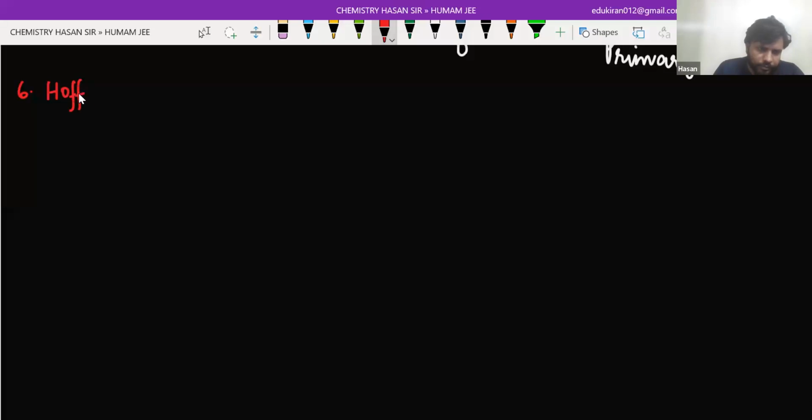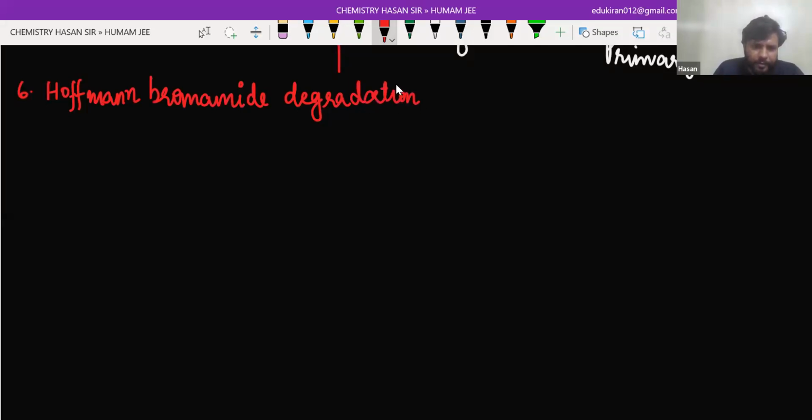The next is the sixth one, Hoffmann bromamide degradation reaction. See, degradation, from the name you can see there will be some decrement in the carbon chain. Very simple it is.